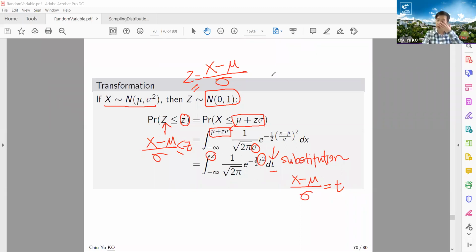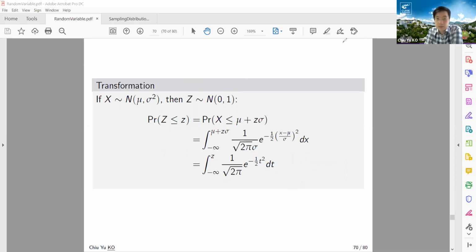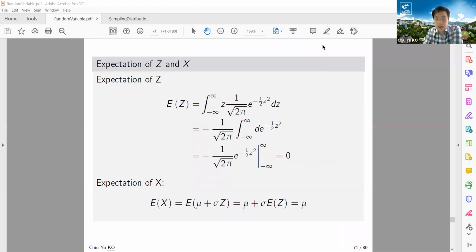So that's the method. As I said, for those who don't know calculus, you can forget about what I just said, but there's some idea of how we prove it. The next one again requires some small calculus. I just highlight the key step here.